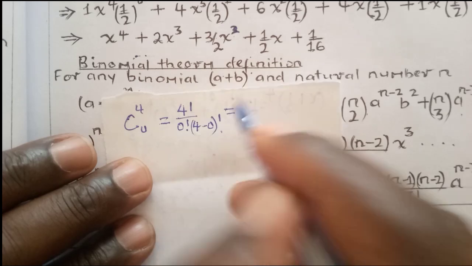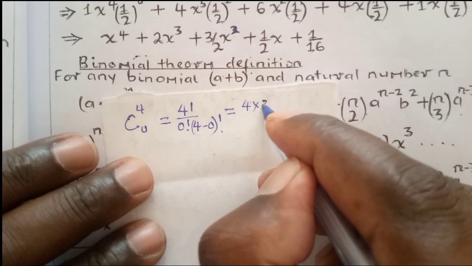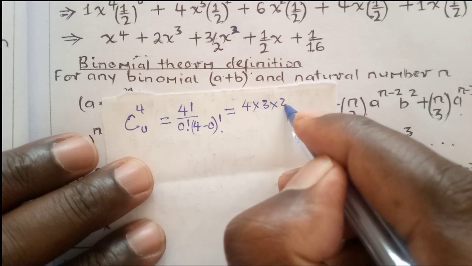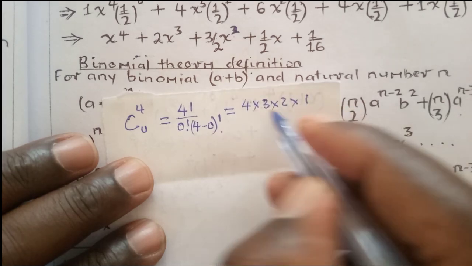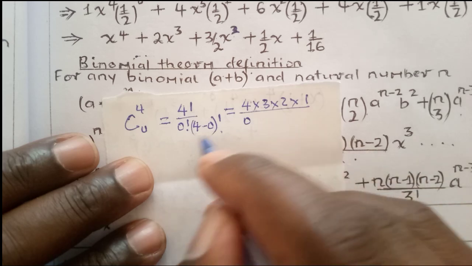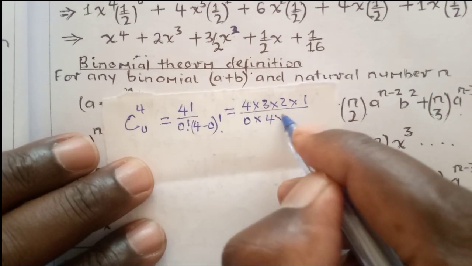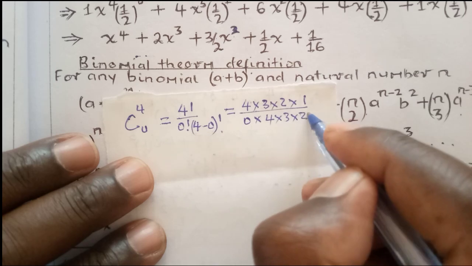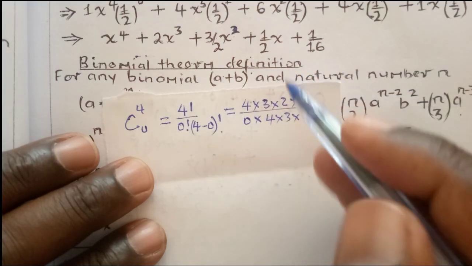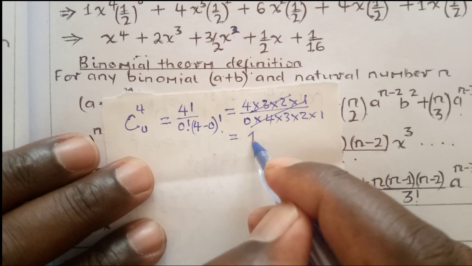So this one will give us 4 times 3 times 2 times 1 all over 0 factorial, and 4 minus 0 is 4, so it will be 4 times 3 times 2 times 1. So this one will be equal to 1.